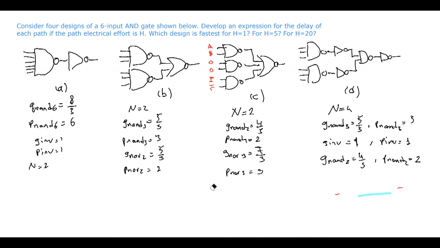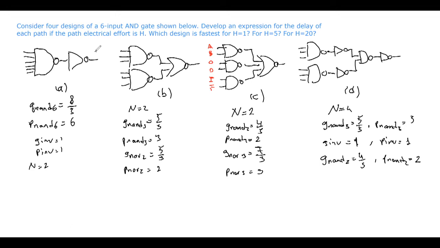So let's focus on the question now. And let's go with a different color now. We are going to write down an expression first. Assuming that the input to output capacitance ratio is given as a parameter H, let's write down the delay equation for the first implementation.